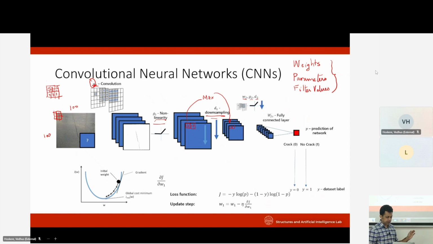Yeah, we're finding the partial derivative, but how do you find that? You use the chain rule, right? So I can find the derivative of my objective function with respect to this fully connected layer weights, and then I can find fully connected layer weights with respect to the output of the downsampling layer, and so on and so forth. And then eventually I can get to whatever weight I'm interested in. So that's the basic idea.